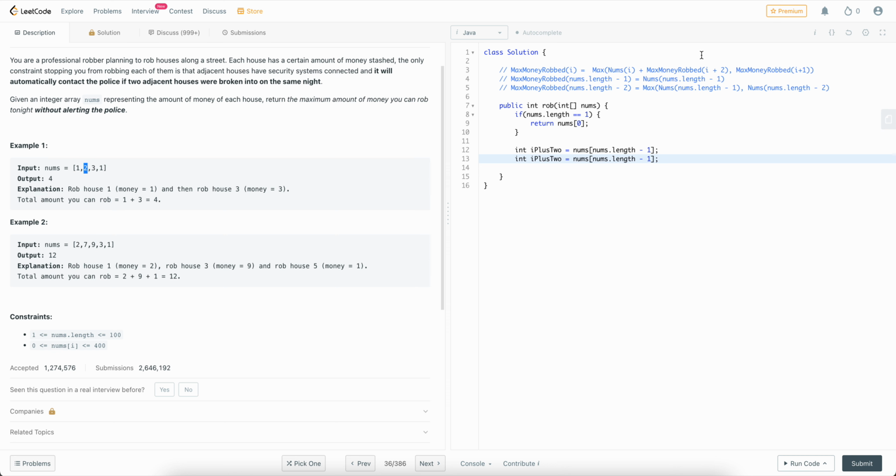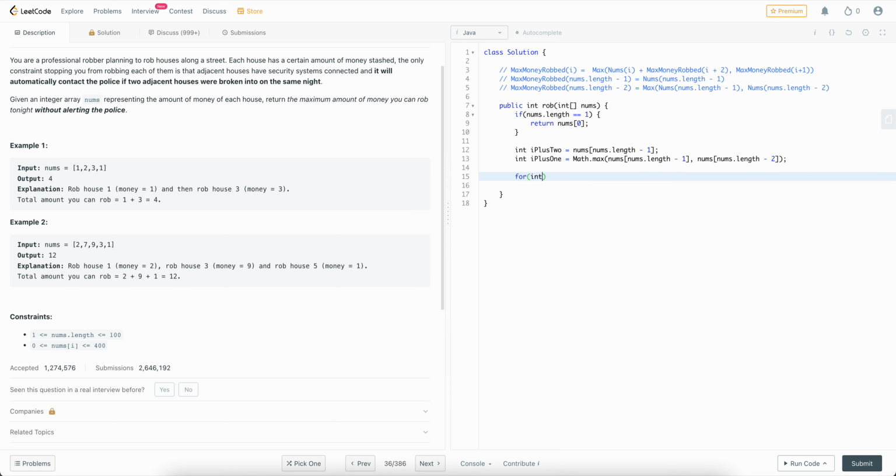So we pre-compute I plus 2 and I plus 1, so we can start plugging it into this equation. So our I plus 1 is going to be the max of that and nums.length minus 2, and note that this will not overflow because from here we've already guaranteed that nums.length is at least 2, since 1 can be the minimum. So our I plus 2 is this, our I plus 1 is this, and now we just plug it into our loop.